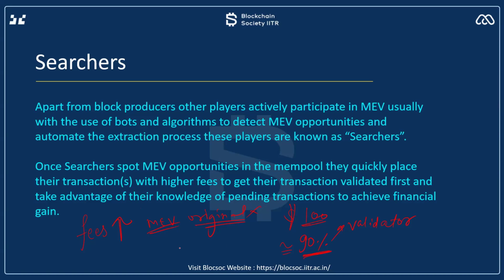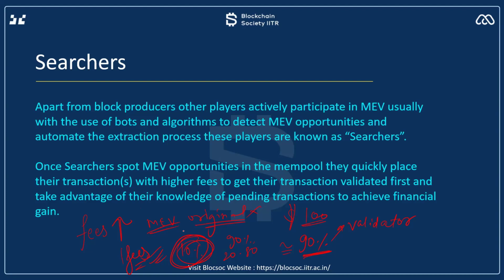If it goes for a 10% benefit to the validator and 90% to itself, another bot will come with a 20 to 80 ratio. This percentage is included in the fees itself, or the gas price that we have. So this is how they distribute the profit.